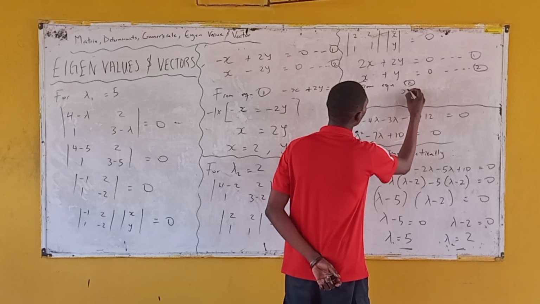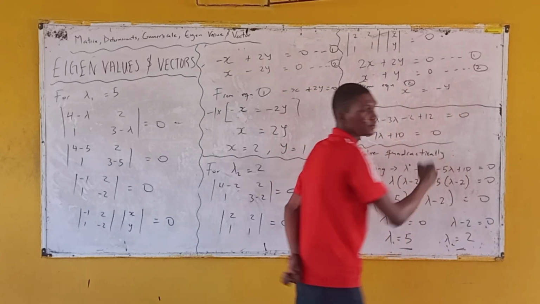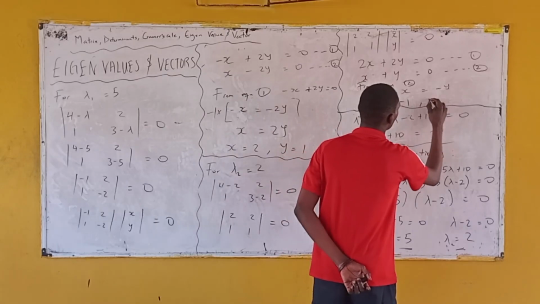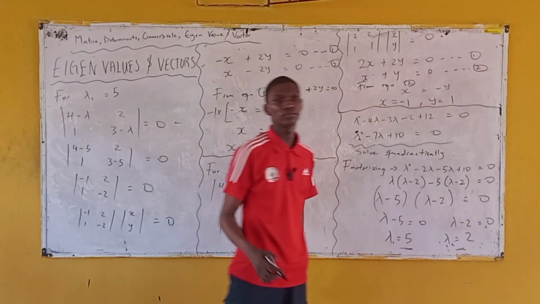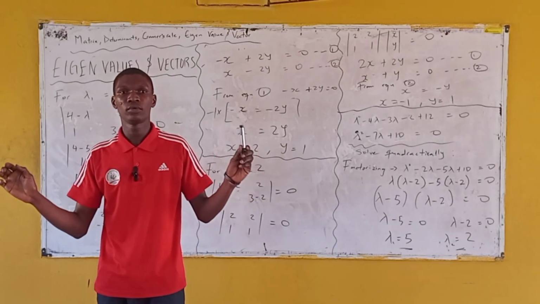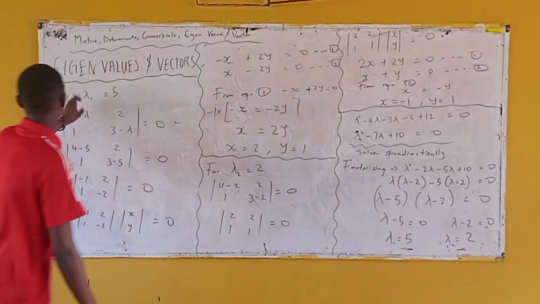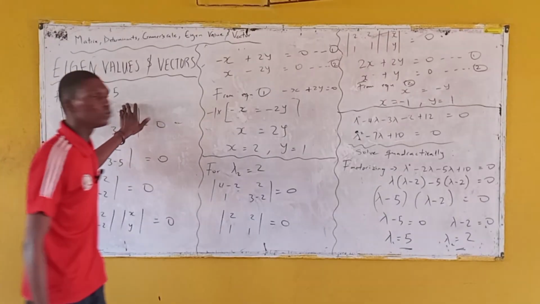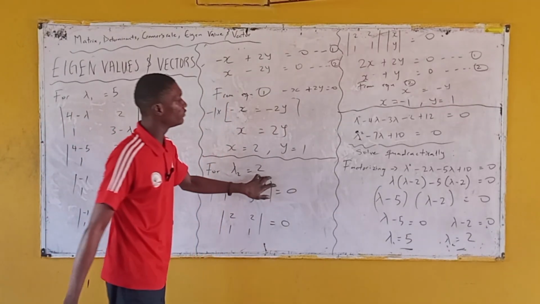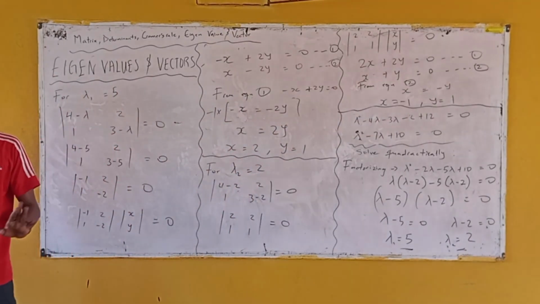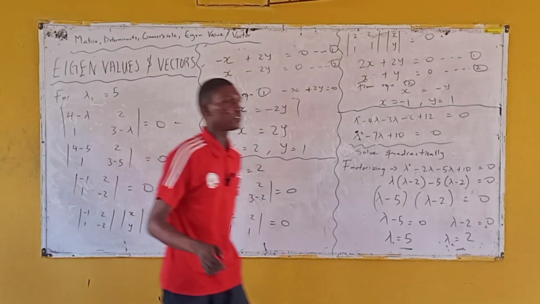So we can say that x is equal to minus y. We can say that x is minus 1 and y is 1. Do you get it? So that's our final answer. These are our eigenvalues. Now these are our eigenvectors. So that's simply it.